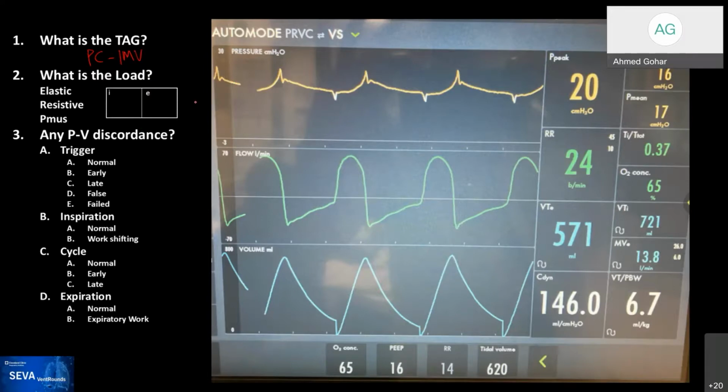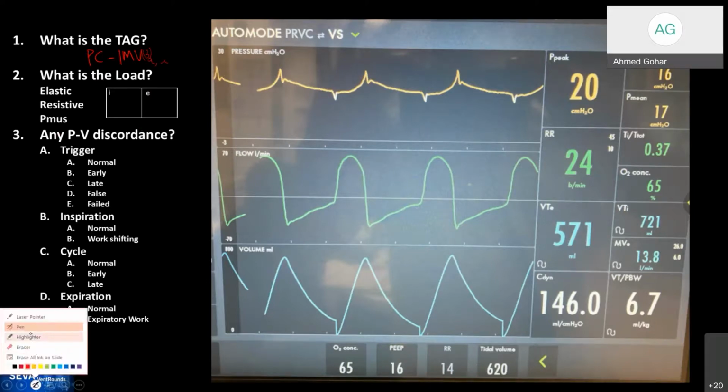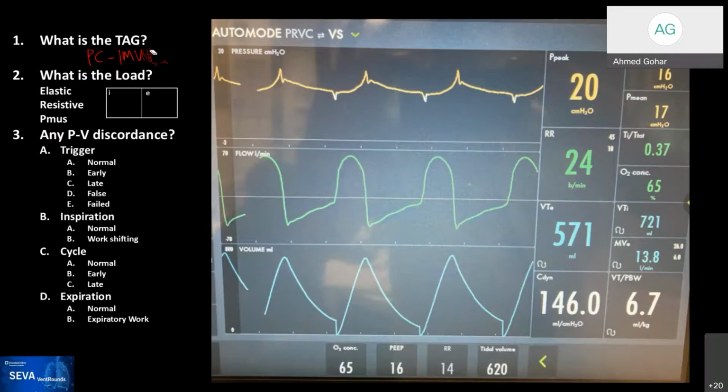And then it's adaptive, and we're seeing it's an IMV type 3. The whole idea is it shifts from what looks like pressure support, but it's actually volume support, where it's a PRVC to volume support. This is what it's shifting through. So PC IMV3 AA. What is the load? Inspiratory load is Pmus.